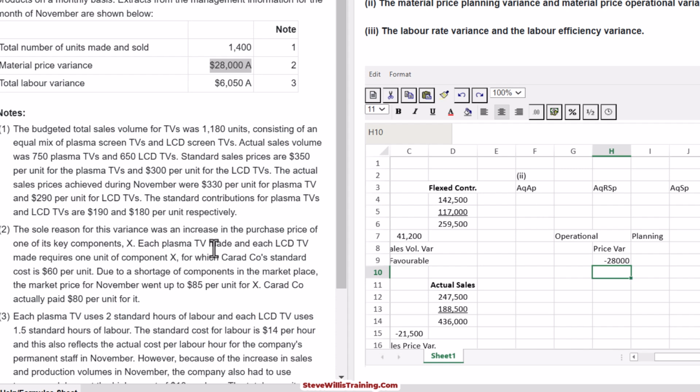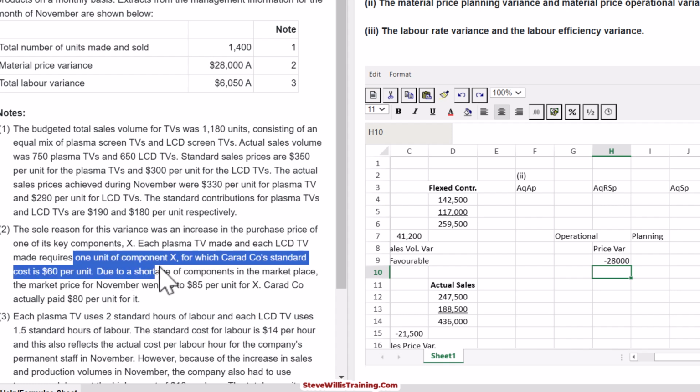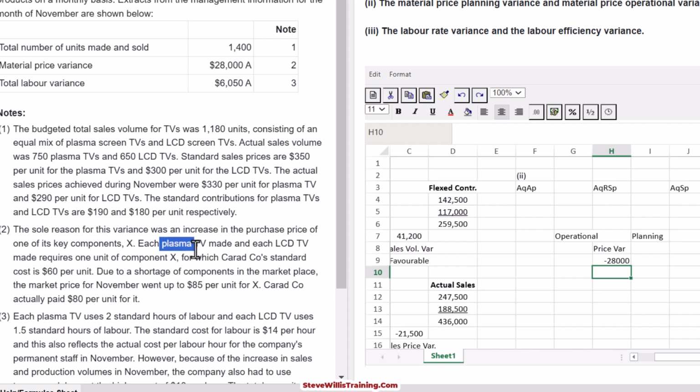And what do they tell us? Each unit of television, it doesn't matter if it's a plasma or an LCD, it takes 1 unit of X. So that's maybe a simplifying assumption that both TVs are assembled with the exact quantity of component X. Doesn't matter. So it is 1 unit.